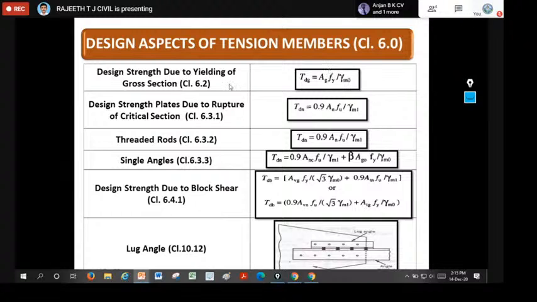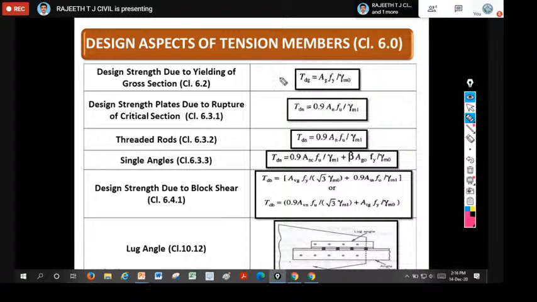First, according to the code, we should calculate the gross yielding of the cross section, Tdg equals Ag fy by gamma m0. You should remember some of these formulas. The next strength is the strength due to rupture of the cross section, 0.9 An fu by gamma m1.